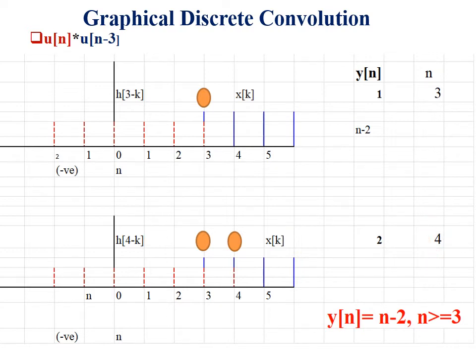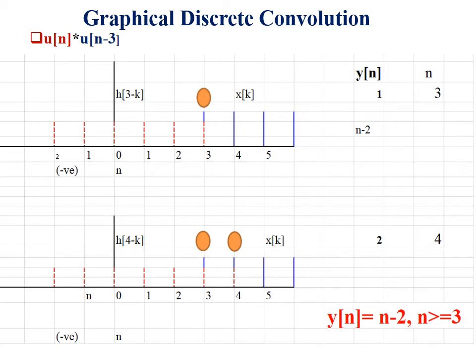So let us now try to generalize with the values that we have got. At n equal to 3 the value of y of n is 1, at n equal to 4 the value of y of n is 2. So how can we write the value of y of n in a generic case? If n is equal to 3, it is 3 minus 2, so it is 1.